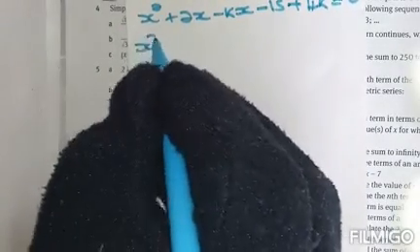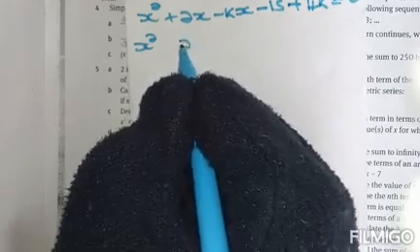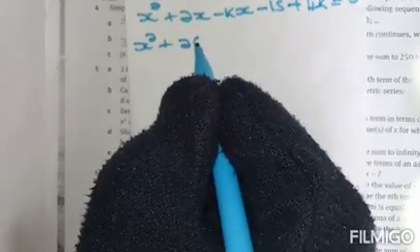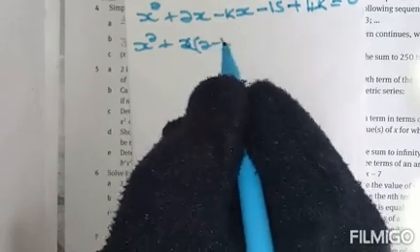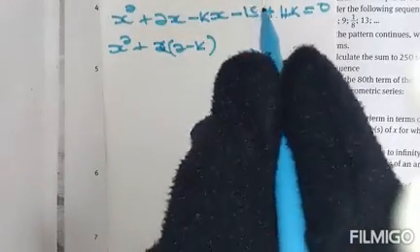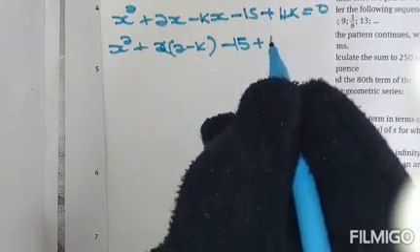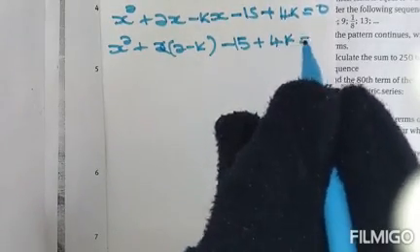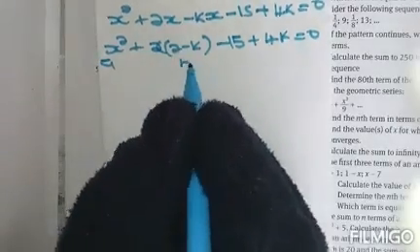Therefore, we have x squared plus x(2 minus k) minus 15 plus 4k. We have our a, our b, and our c here.